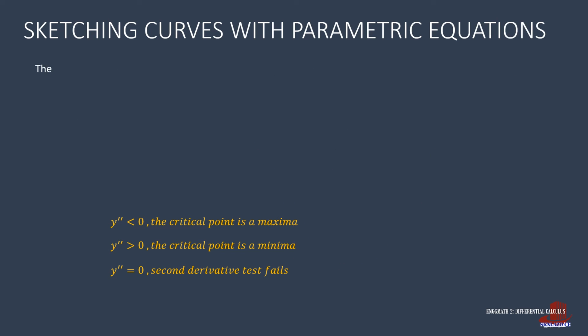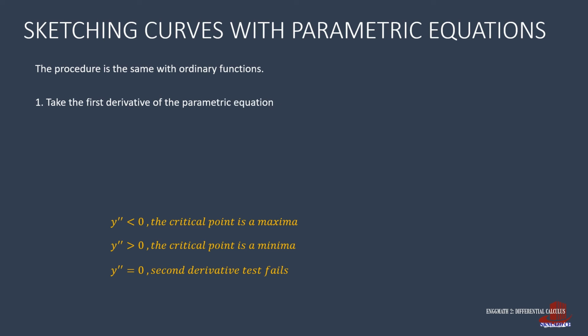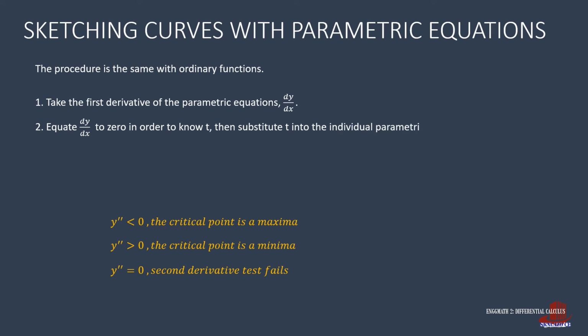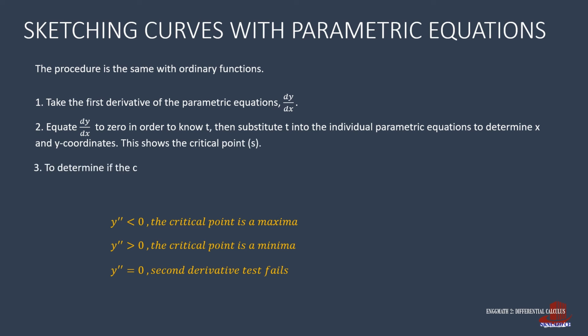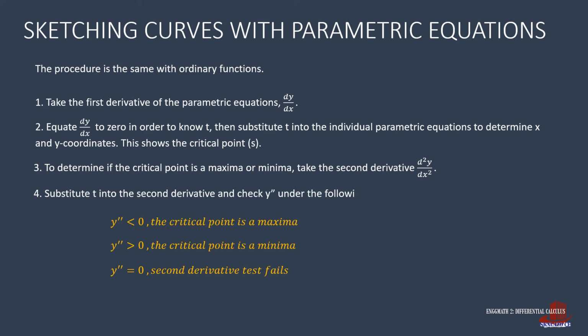How about taking the derivative of parametric equations? How do we come up with the first derivative, which is dy over dx, when the functions are in terms of t? There are two methods we can use. First is through derivatives. Having two functions, x and y, take the individual derivative of each function.